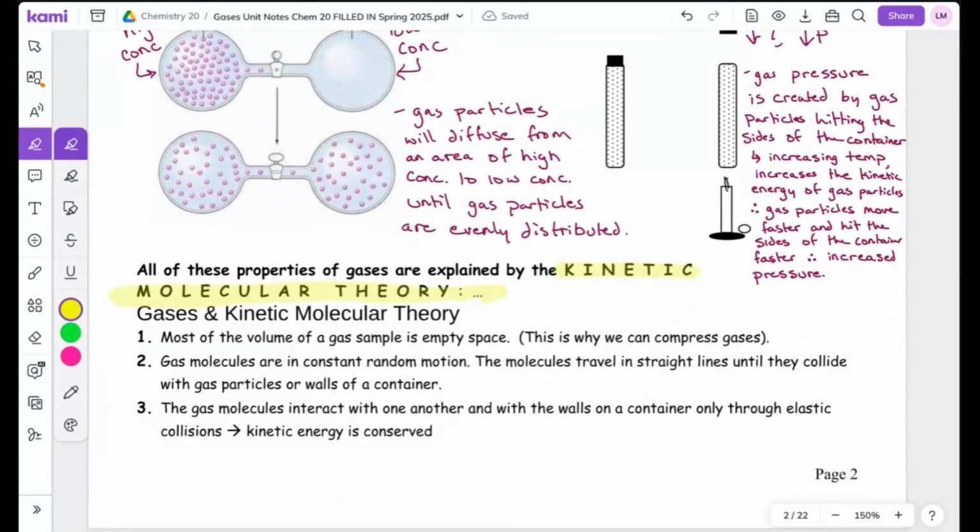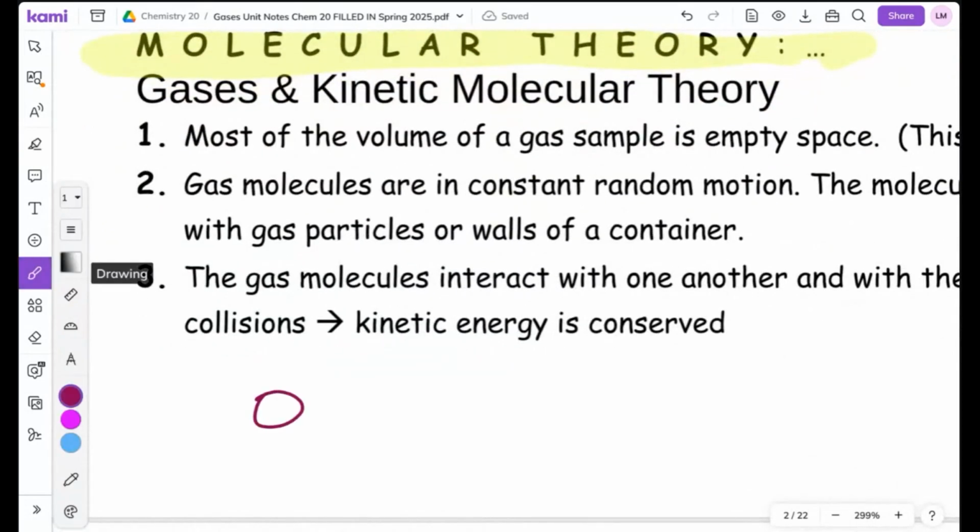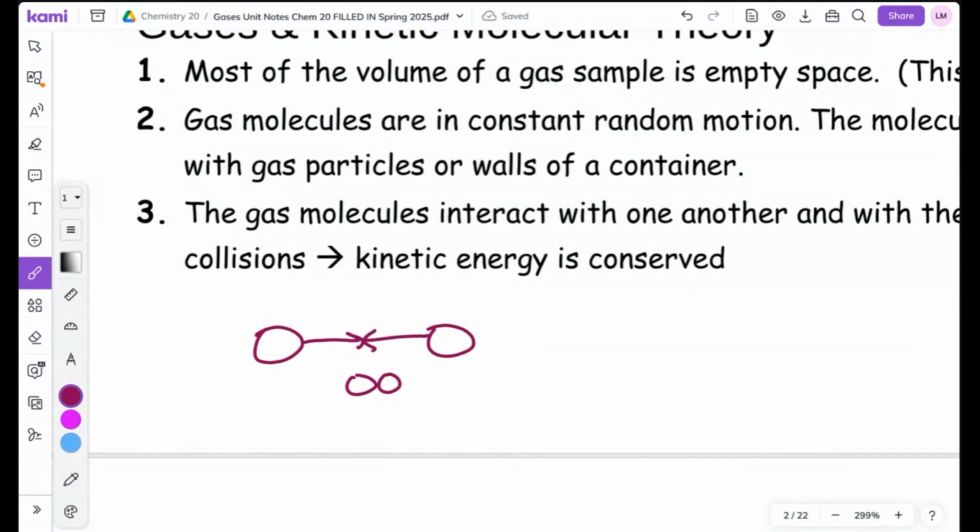Now, the gas molecules interact with one another and with the walls of a container only through elastic collisions. What elastic collisions means is that when 2 gas particles collide, so if I drew a picture, let's say that's a gas particle, that's another gas particle, and they are moving towards each other and collide, they'll just bounce back off of each other, and no kinetic energy is going to be lost, or in other words, kinetic energy is conserved.